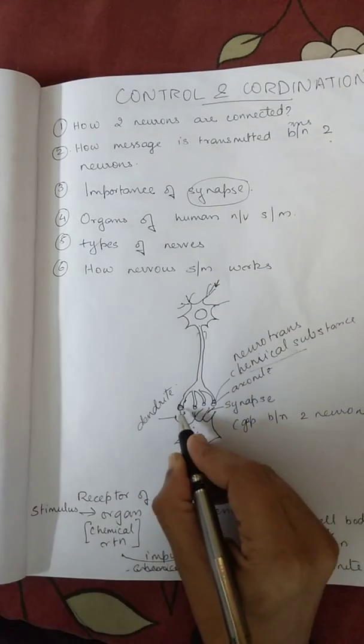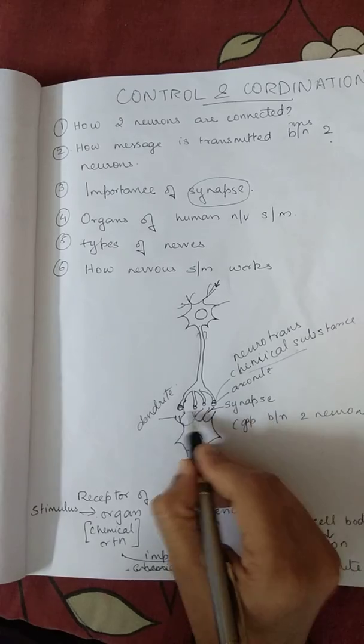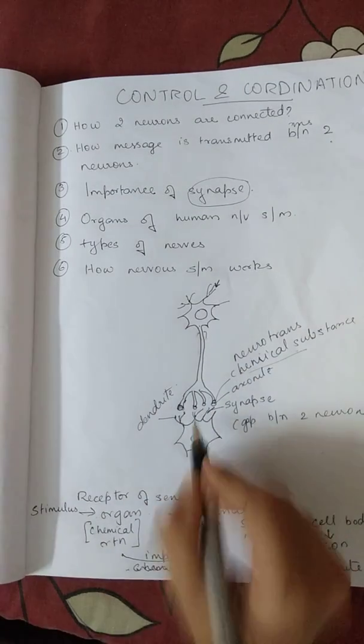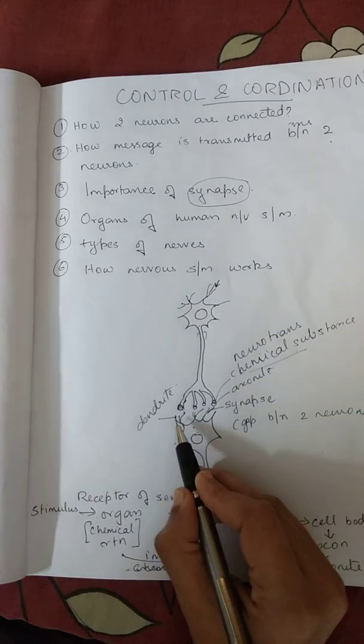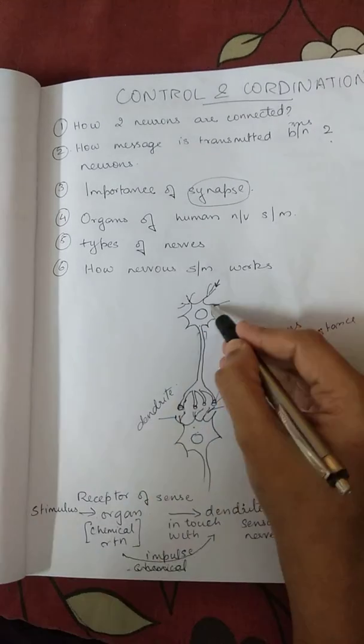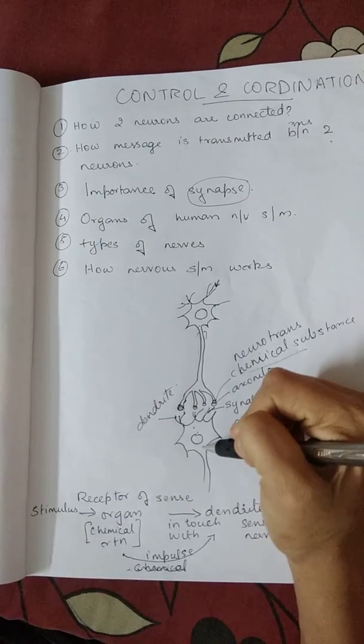They are not physically in touch, but the neurotransmitters are released onto the gap and set off the electrical impulse in the next dendrite of the next neuron. That is how the message is transmitted from one neuron to the next neuron.